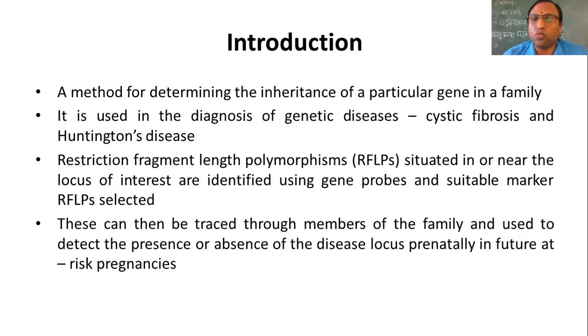So what happens is, once you apply this restriction fragment length polymorphism study, you can identify where it is present and near to that what different sequences are present. All these things you can identify for the particular sample, and these can be traced through the members of the family and used to detect the presence or absence of the disease locus.